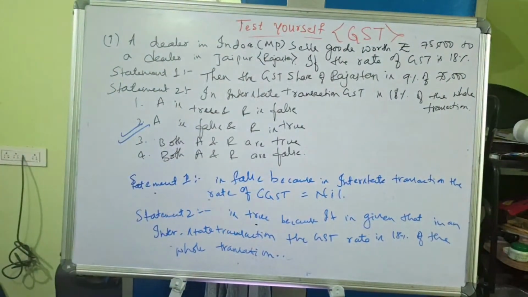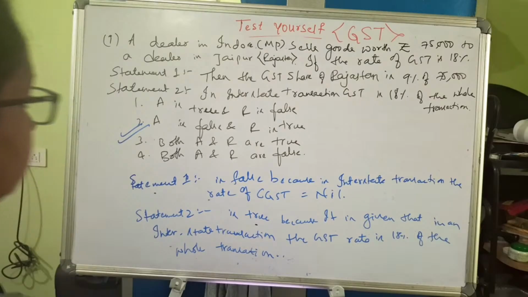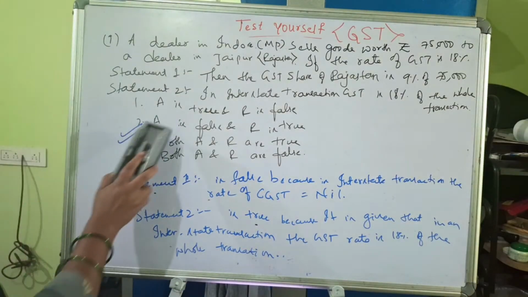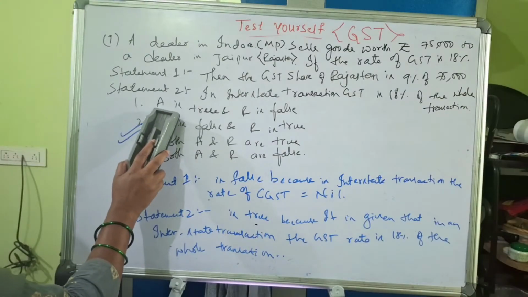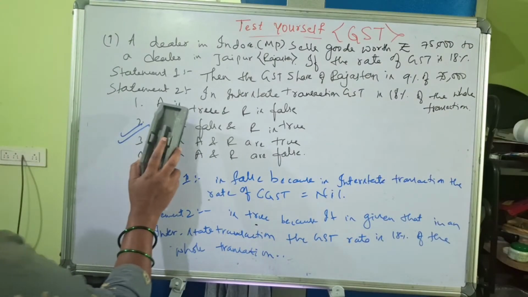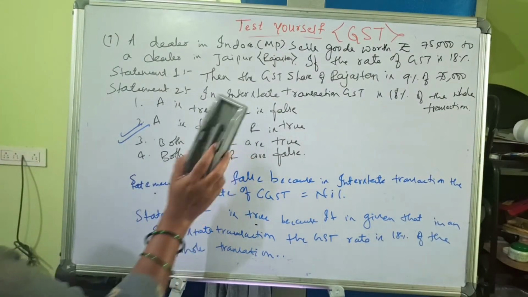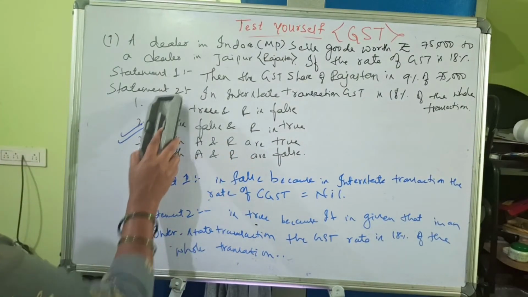Please take this screenshot. We will jump on to the next question. See here, there is a small mistake in the books. Here they have given A and R, but instead of A, we have to write statement 1 and instead of R, we have to write statement 2.